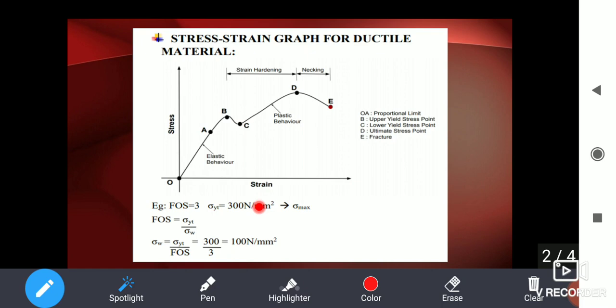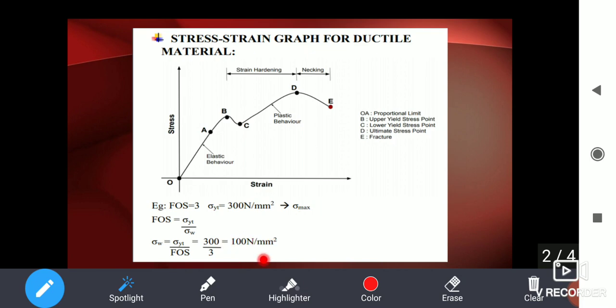So I have used a factor of safety as 3, so my working stress value will be 100 Newton per millimeter square. So now we have designed the material so that the stress will be only 100 Newton per millimeter square, which has been reduced to almost one third of its maximum value.